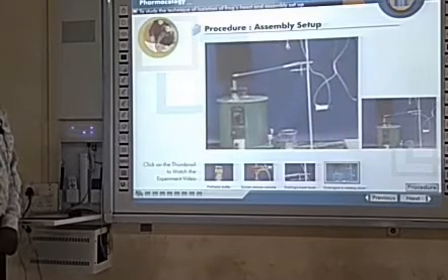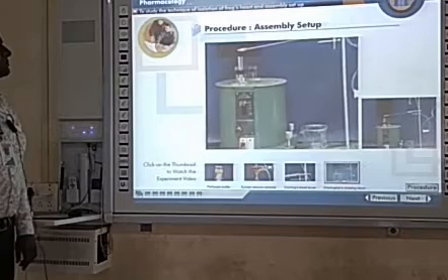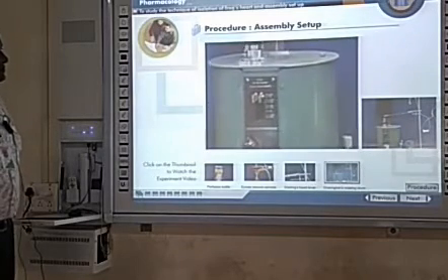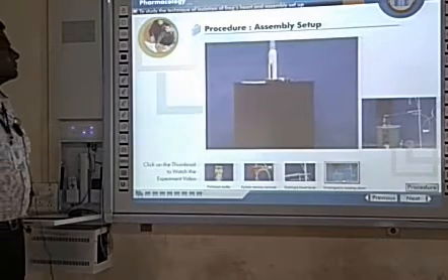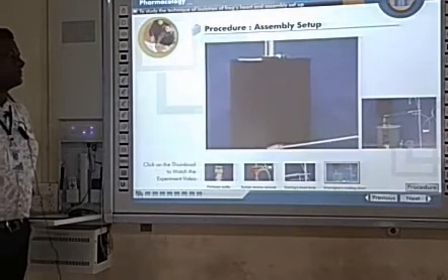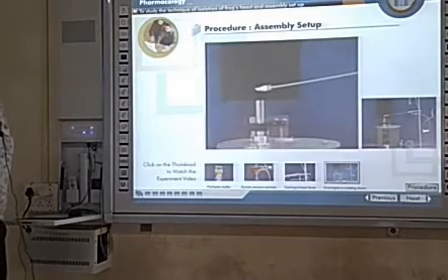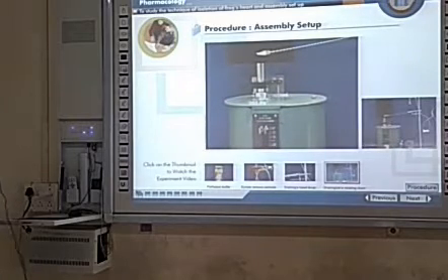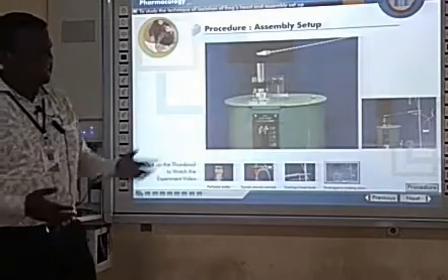It has a clutch lever, a screw lift to alter the position of the drum, and an electrical striker. Kymograph paper is wrapped on the circular drum and is smoked with black smoke of kerosene or benzene. So these are the various assembly setup videos.